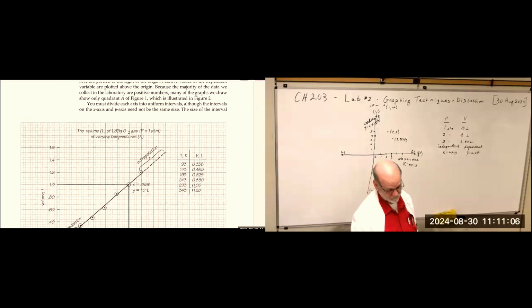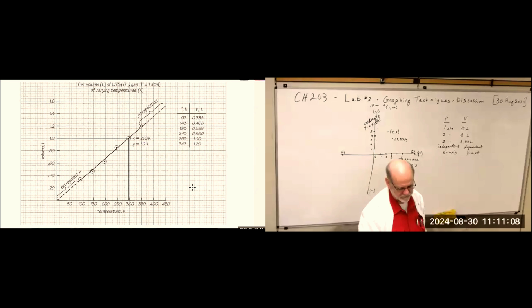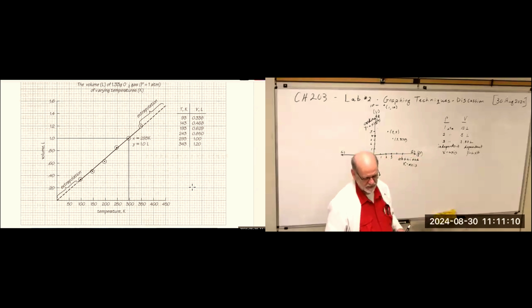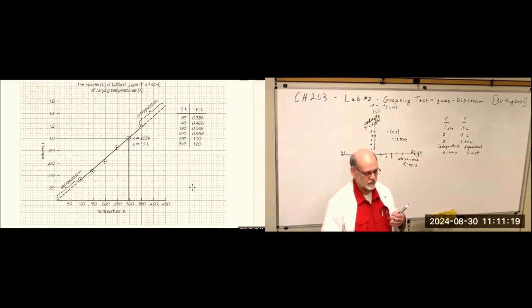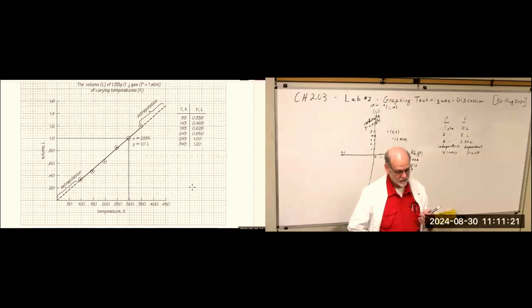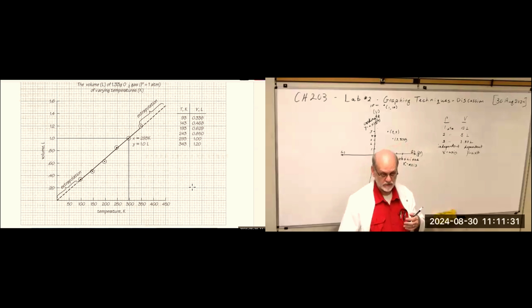All right. So here's an example where we have, on the x-axis, temperature. This is of a confined gas. We have temperature under constant pressure. And if we change the temperature, what happens to the volume? Goes up. When we study gases, that'll be known as Charles' law.